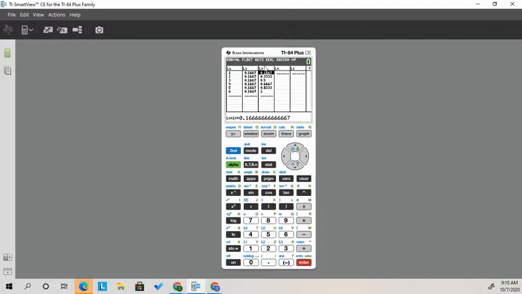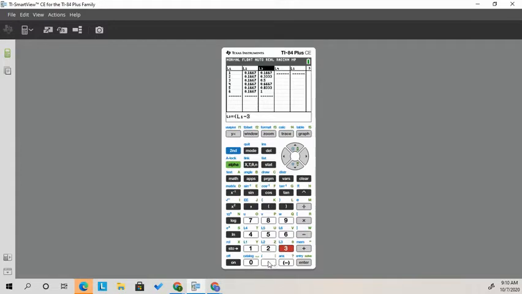All right, so go back up to list 3, and you don't have to clear this out. We'll just overwrite it. So all the way at the top of list 3, we're going to do parenthesis, L1 minus whatever that mean was.